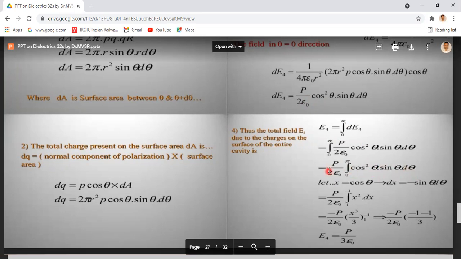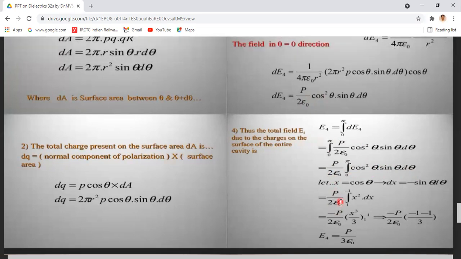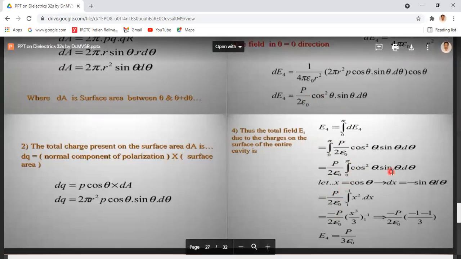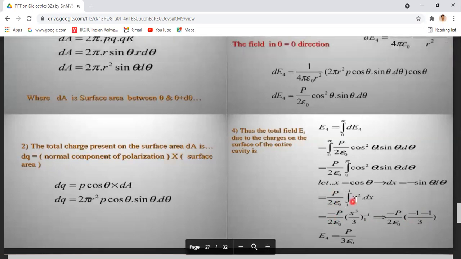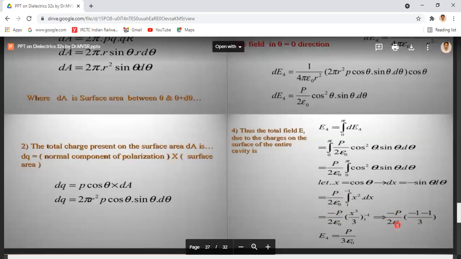Okay, p by 2 epsilon naught is here, it is a common. Integrating here integral 0 to pi cos square theta sin theta d theta, value is calculating by putting x is equal to cos theta, dx is equal to minus sin theta d theta. So by calculating this integral value you will get minus 2 by 3. Okay, because we know that here p by 2 epsilon naught, so negative sign వస్తుంది ఇక్కడ, minus p by 2 epsilon naught into minus 2 by 3.